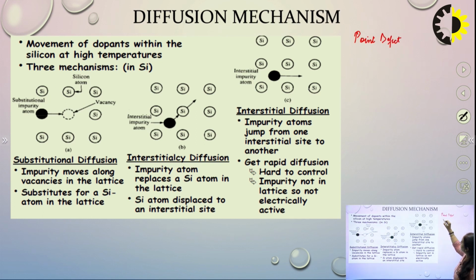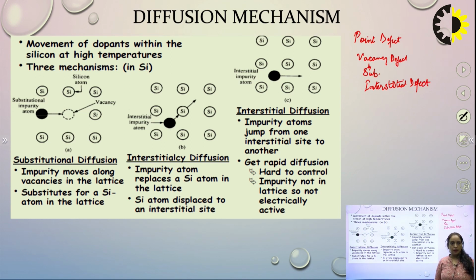We can have the point defect, vacancy defect, substitutional defect, which is also known as substitutional, right? Interstitial defect, right? So, which kind of defect is present in a real crystal will help in the diffusion.